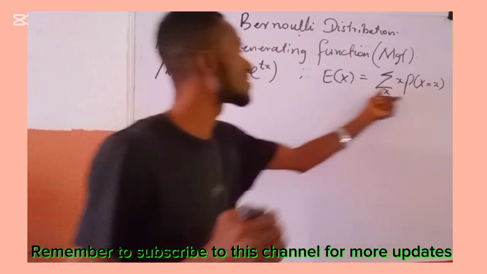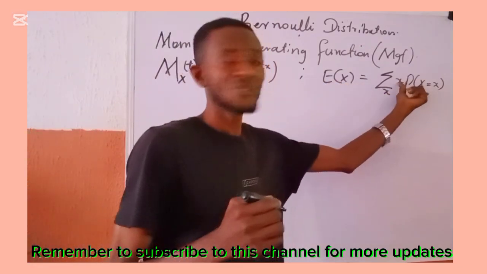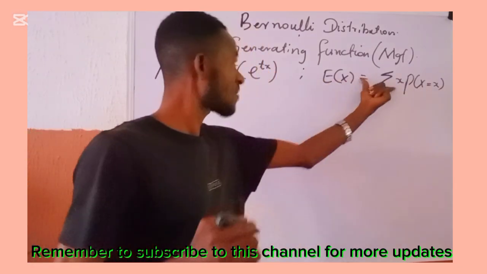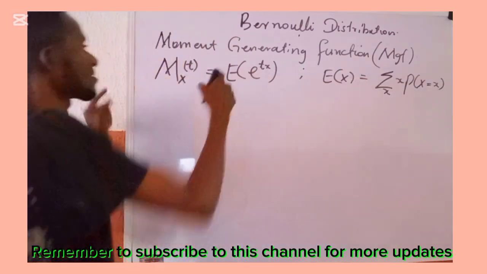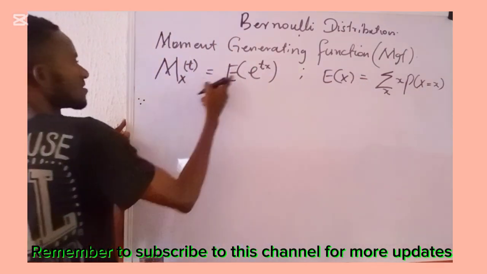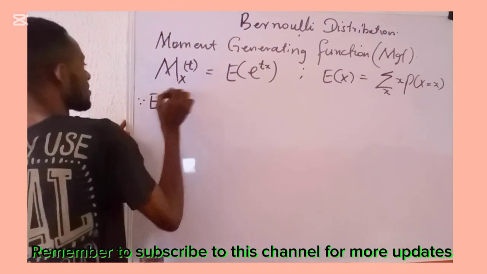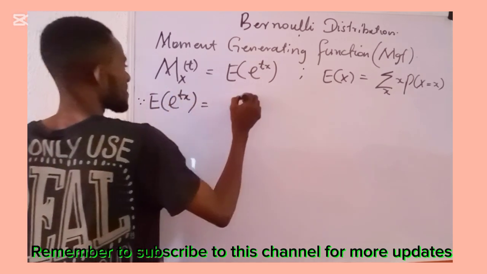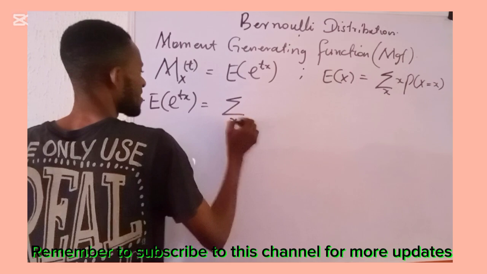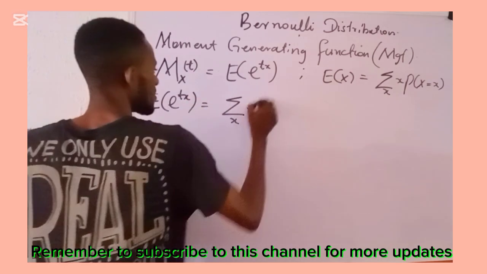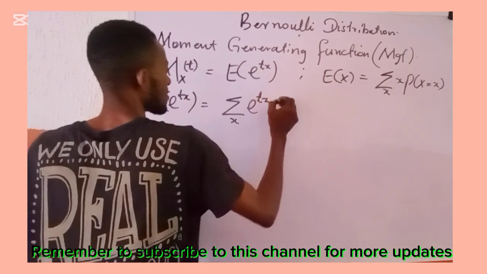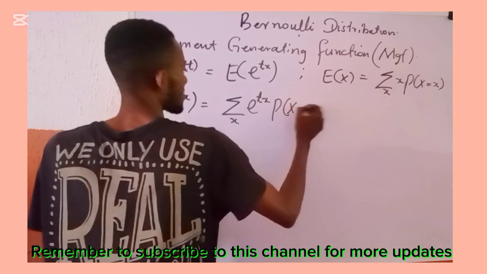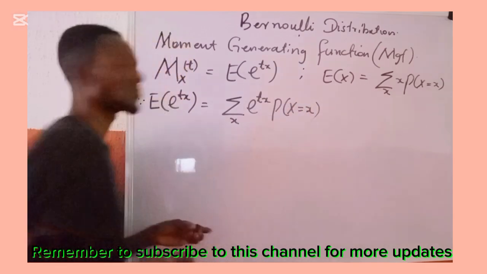So let me now use this idea and express this. By implication, my MGF, which is E of e raised to power tx, is going to be expressed as summation over the range of x of e to the tx times P of capital X equals small x.